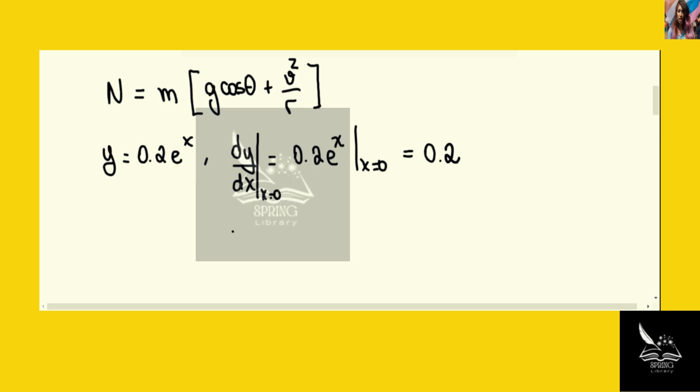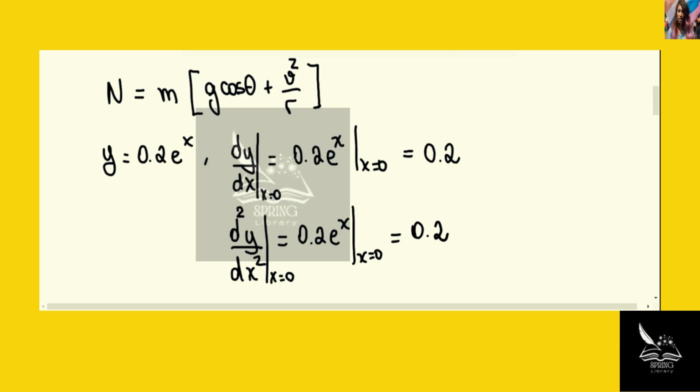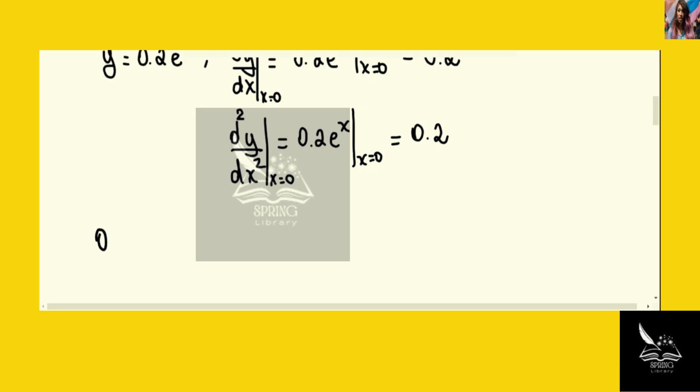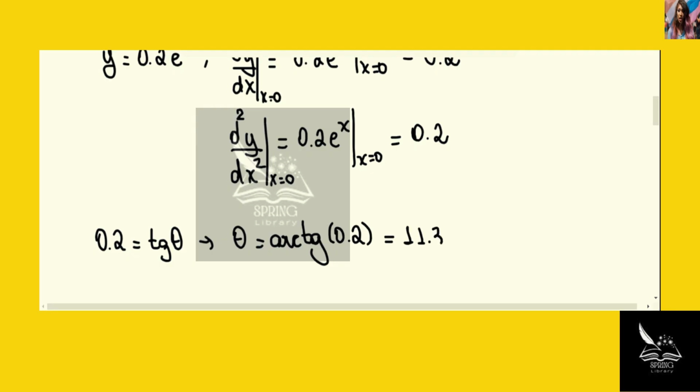Also, and this is going to be useful when we're calculating the radius of curvature, d2y/dx2 is also 0.2 e to the x, which calculated at x equals 0 is equal to 0.2 as well. Okay. Now, notice that 0.2 is equal to the tangent of theta. So we can take the arctangent of 0.2, and this is equal to 11.3 degrees. Okay. So now we have theta.